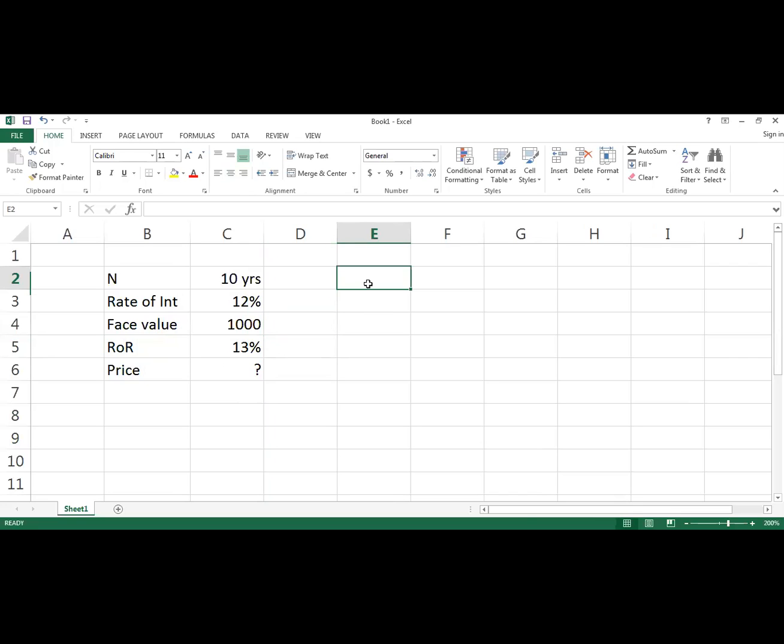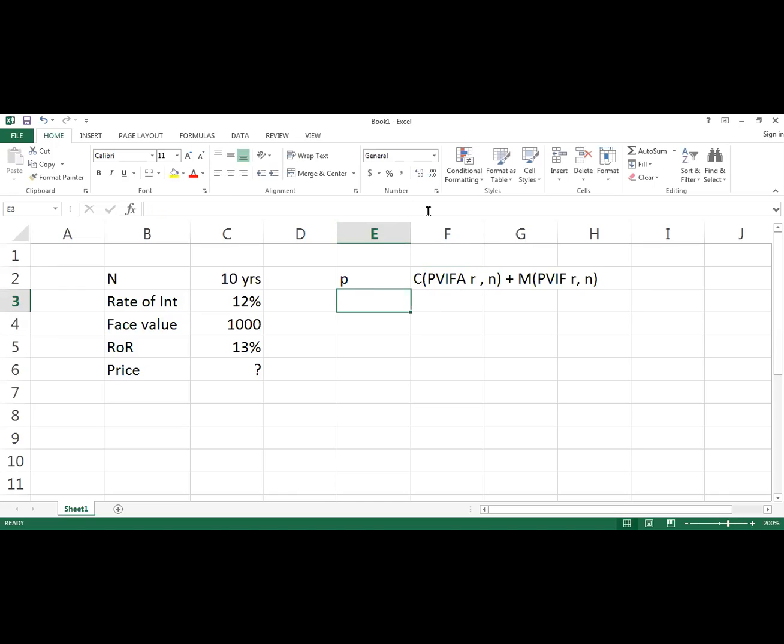If they ask us the price of the bond, what is the formula? P is equal to, what's the formula? Can anyone explain to me? P = C × PVIFA(R, n) + M × PVIF(R, n), where M is the maturity value, which is 1,000 in my case, R is my required rate of return, and n is the number of years.